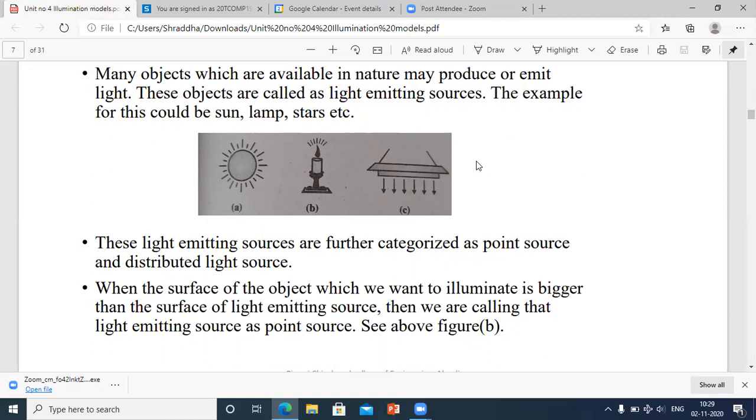See figure number B. When the surface of the object which we want to illuminate is bigger than the surface of light emitting source, we are calling the light emitting source as the point source. Figure number B is nothing but point source.